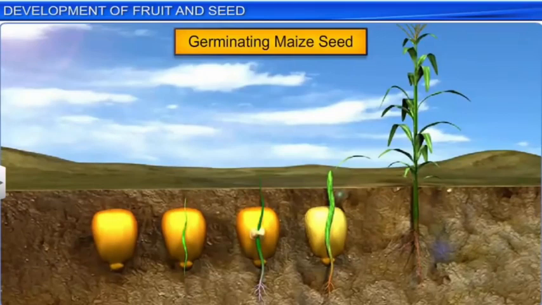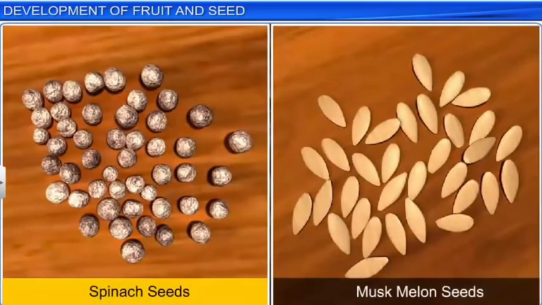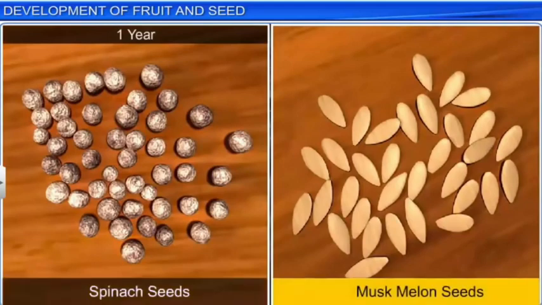This ability of the seed to germinate is called seed viability, and it varies across seeds of different species. The seeds of spinach, for instance, remain viable only for a year or so, whereas muskmelon seeds remain viable for 5 years.